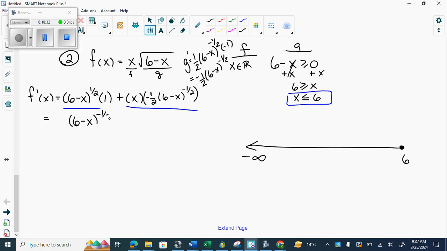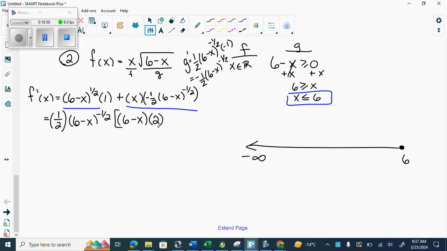What else could I take out? Negative a half, or 1/2, it doesn't really matter. I'm just going to take out a half. If you took out negative a half, you'll have the same thing, opposite signs. So we take out 6 minus x to the negative a half, and I'm left with 6 minus x times what? 1 divided by half is 2, so I get a 2 here.